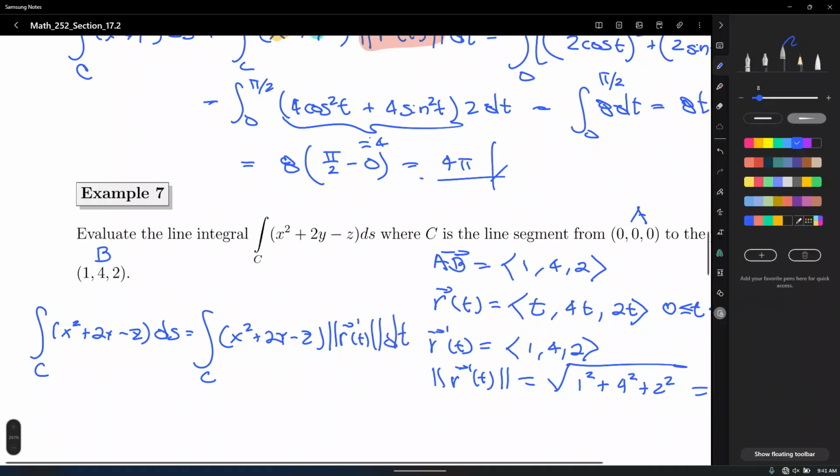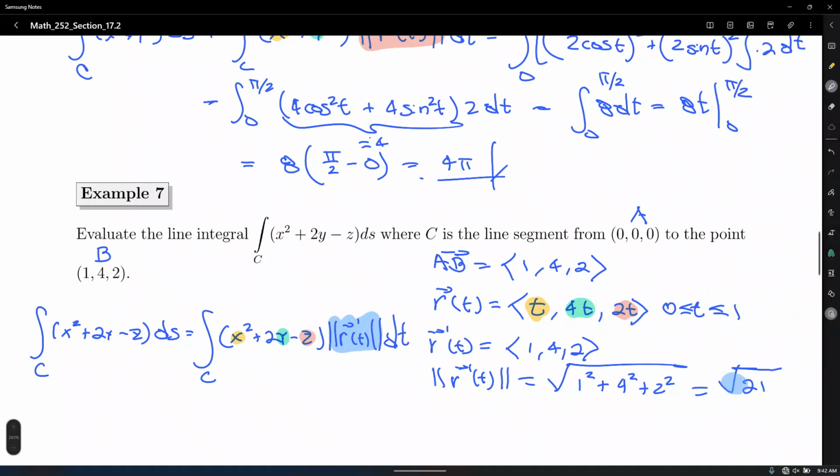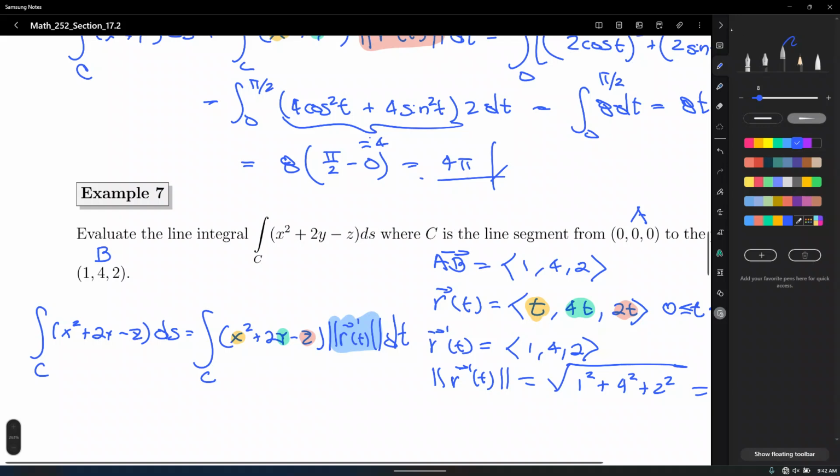I will keep highlighting this: x with x, y with y, z with z, and I'm going to use blue for the magnitude of the derivative of the vector valued function.